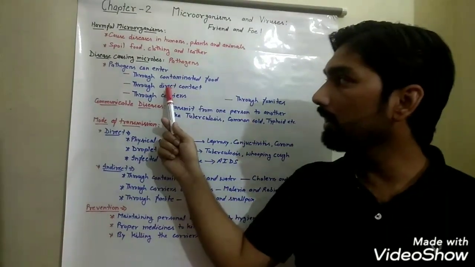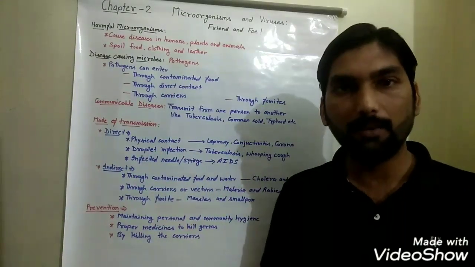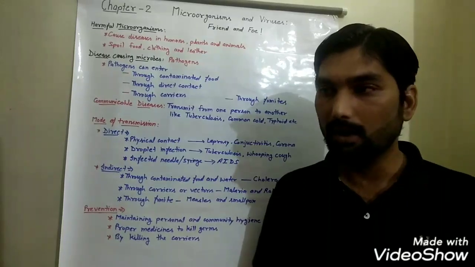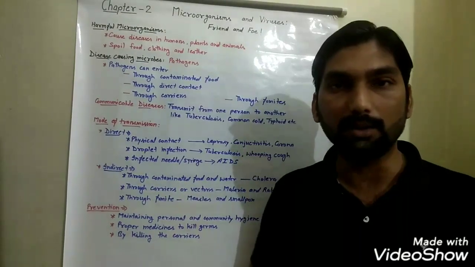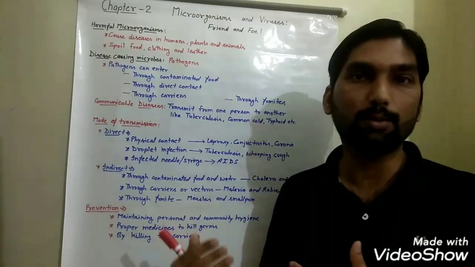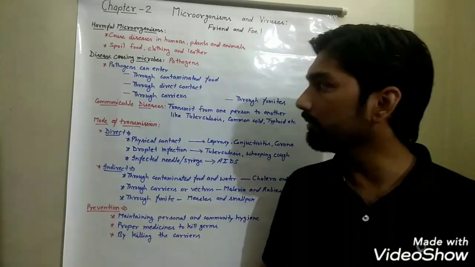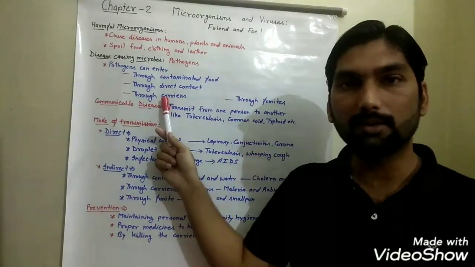The next method is what? Through direct physical contact. If a healthy person is in contact with an infected person, it is possible that during the physical interaction the microbes can transfer from one person to another. Then there are carriers.